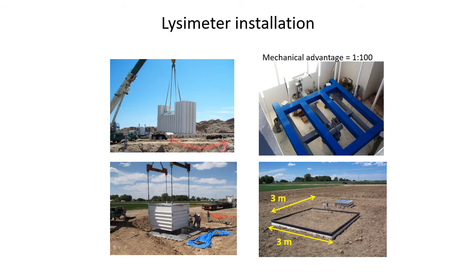These are photos of an actual lysimeter installed in Rocky Ford in southeast Colorado, where there is an outer tank that houses all the underground instrumentation. This is the weighing scale, essentially a truck scale that holds the tank, the lysimeter tank that's full of soil, and everything is buried underground and only the lysimeter surface is visible.